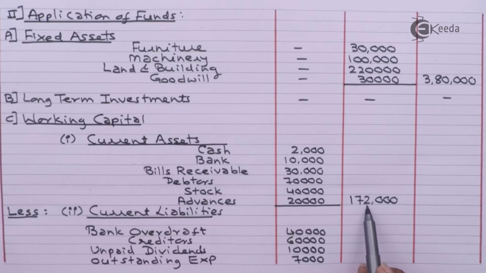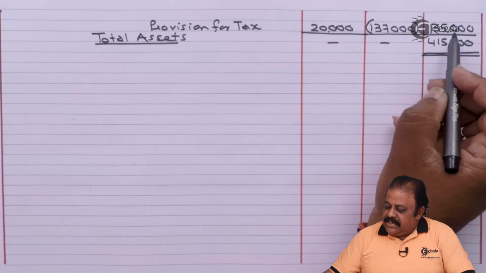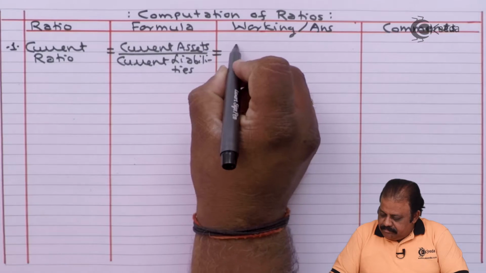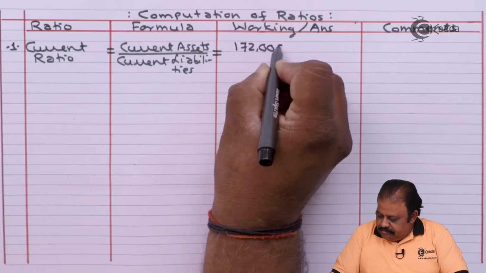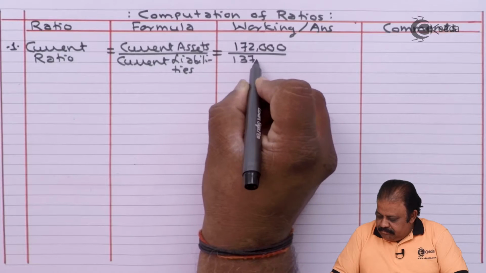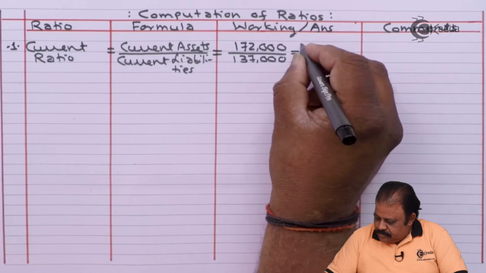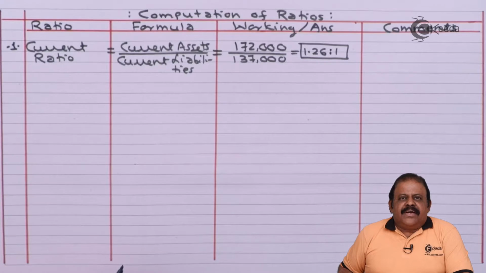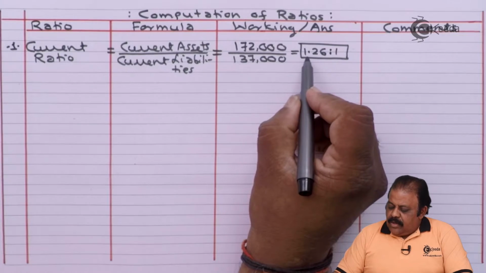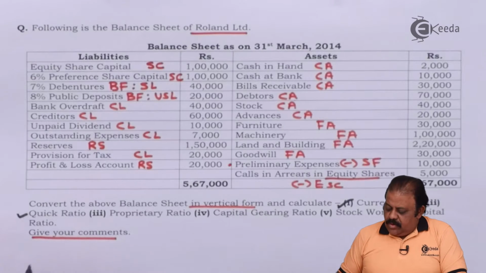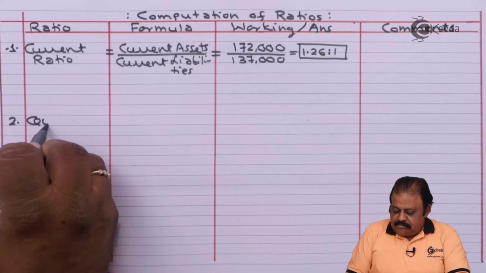Current assets 1,72,000. Current liabilities 1,37,000. So current ratio we have 1.26 is to 1.